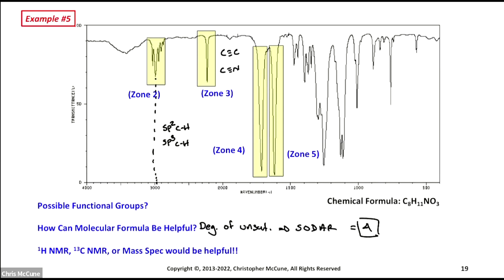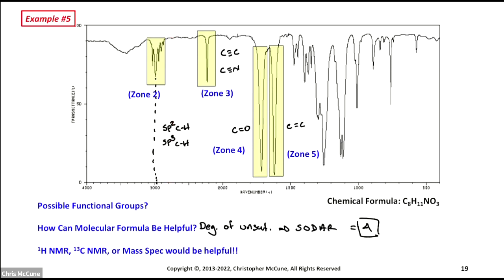In zone 4, that leads me to believe I have some sort of a carbonyl, but I don't think I have an aldehyde because I'm not seeing anything light up where an aldehyde peak would show up. It's kind of empty, so I'm ruling out the aldehyde. And then in zone 5, right at about 1600, those are pretty typical for your C=C double bond stretch.